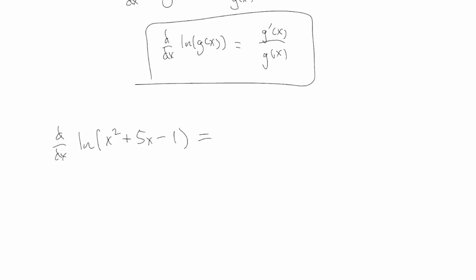I do the derivative of the ln part, which gives me a 1 over something. So this becomes 1 over x squared plus 5x minus 1. That's the derivative of the ln part. The derivative of ln x is 1 over x, so the derivative of ln something else is 1 over something else. And then times, this is the chain rule part, times the derivative of the inside.